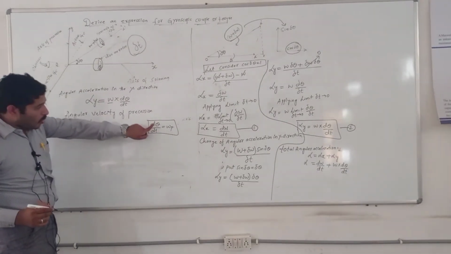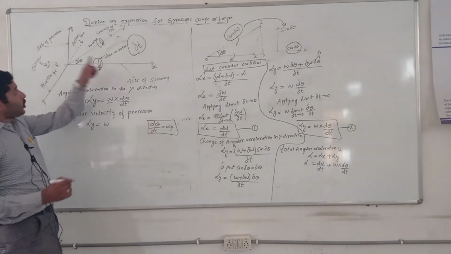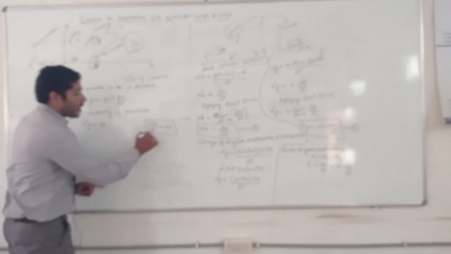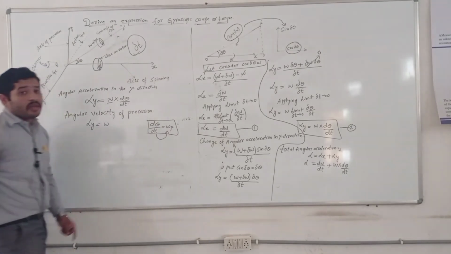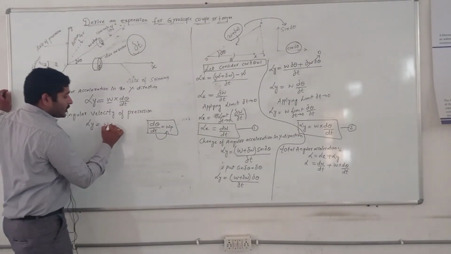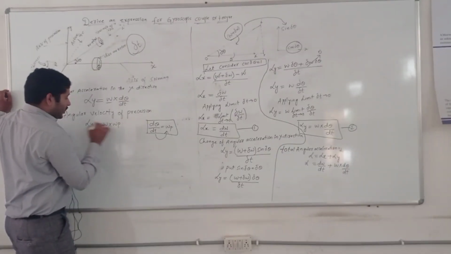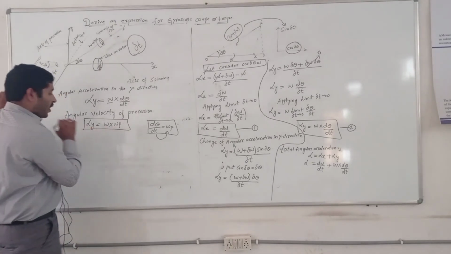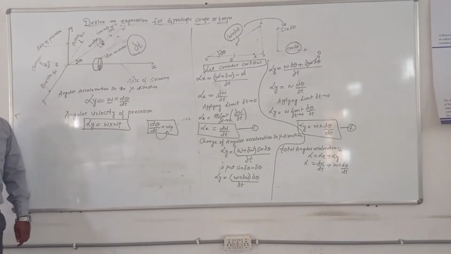Wherever the angle changes with respect to time, it is represented by the angular velocity of precession, omega p. That is the value of alpha y.